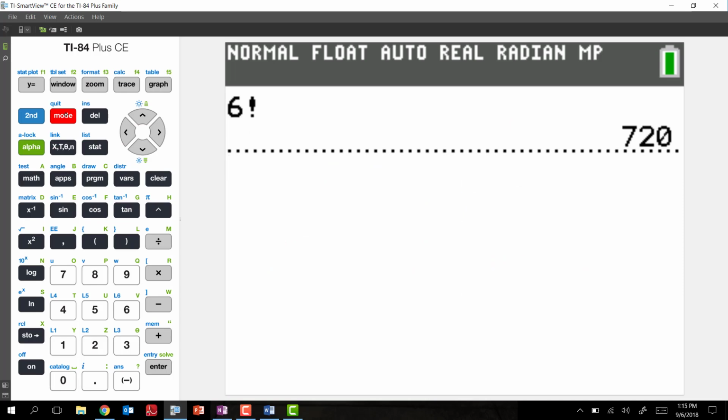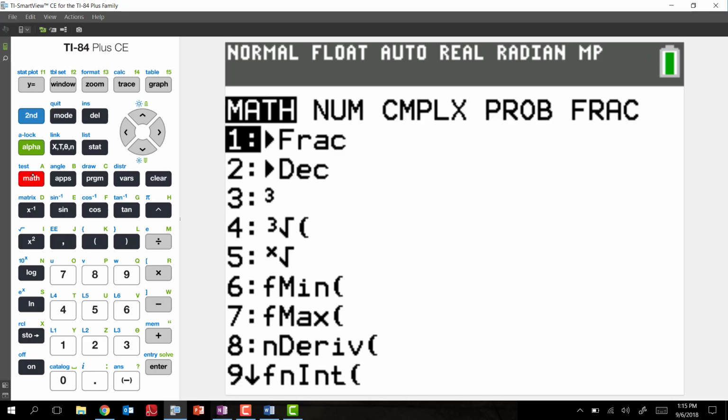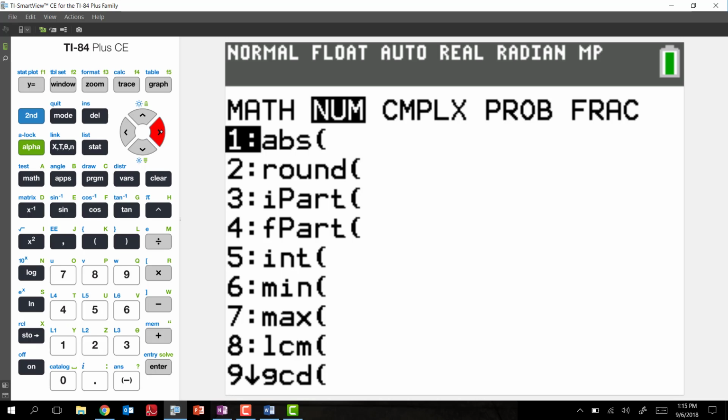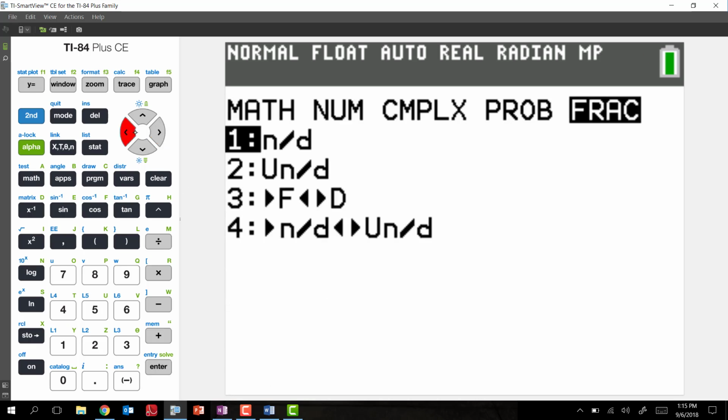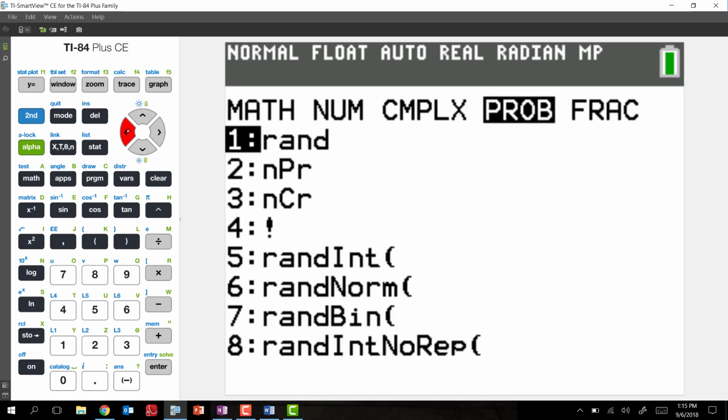Get out your graphing calculator that you're all supposed to have anyway. And then you hit math. Okay, and then it goes to, I'm getting confused because I've got the flashing issues. Okay, I'm going to keep fighting.